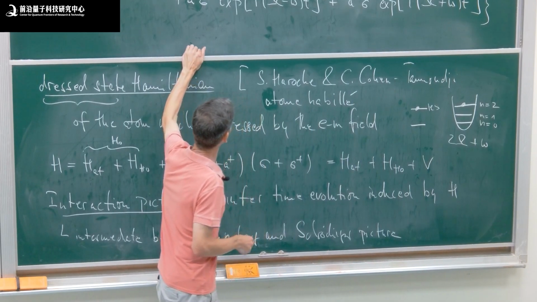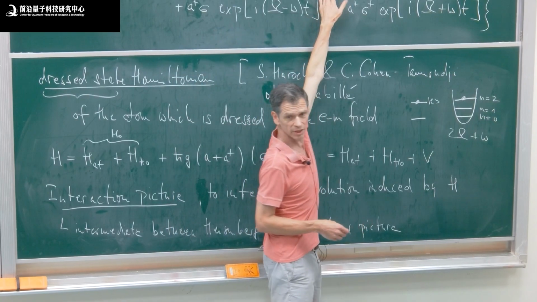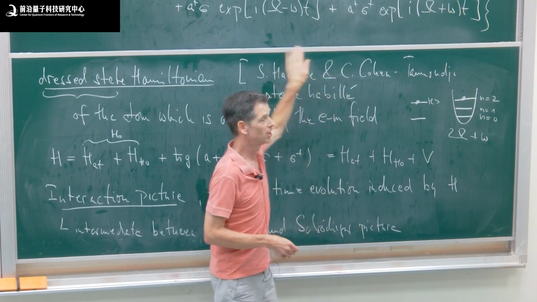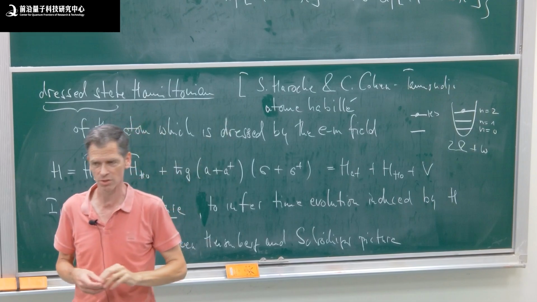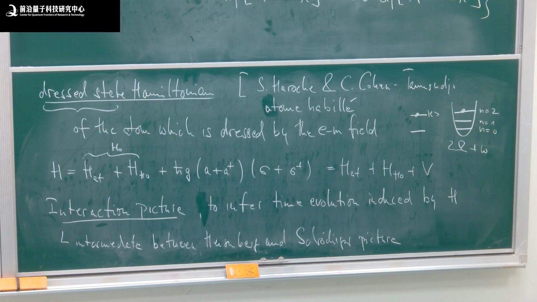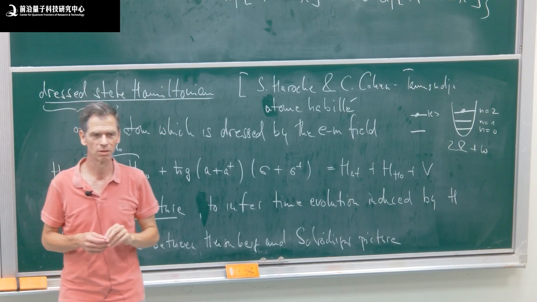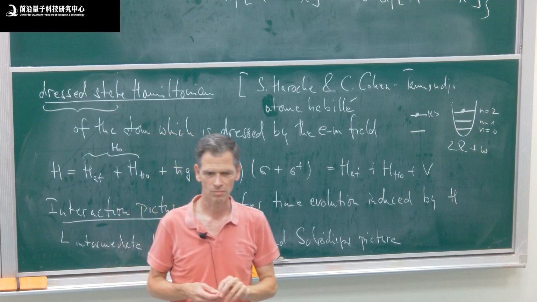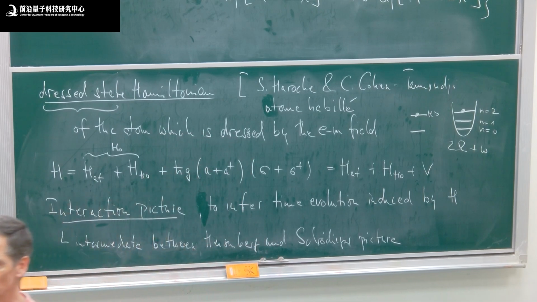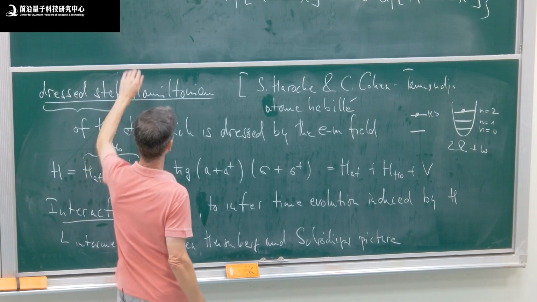So what does happen with this term? Is the energy conserved here? Which of these 4 terms leave the system energy invariant? Ah, bravo. A sigma plus and A dagger sigma.